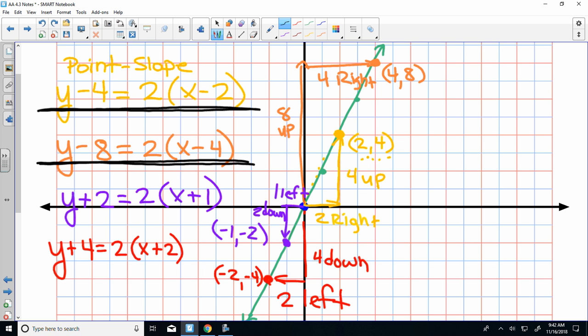That's 4 to the right and 8 up. And if you look at the purple equation, and the purple dot is 1 to the left and 2 down, look how we have this equation written. And then with the red one, it is 2 to the left and 4 down. So let's see, 2 to the left and 4 down looks like that.